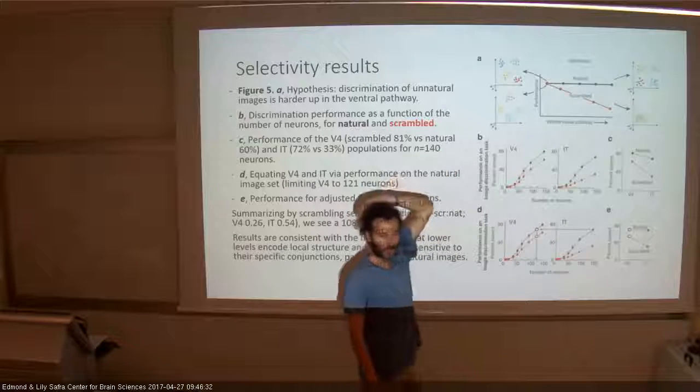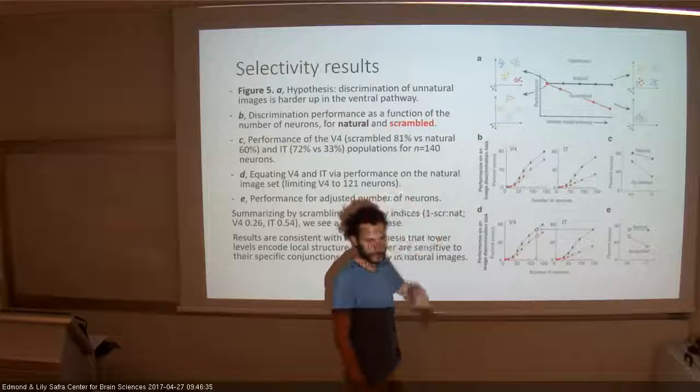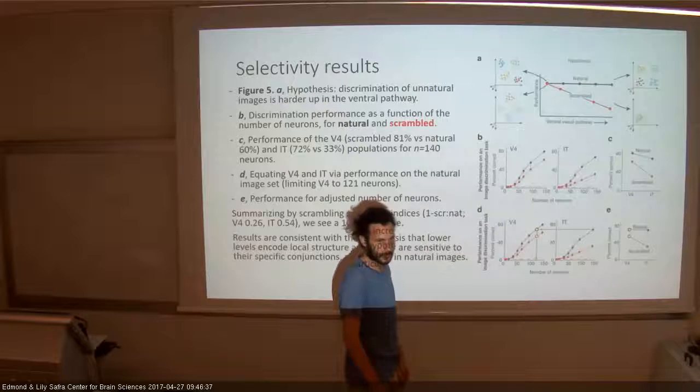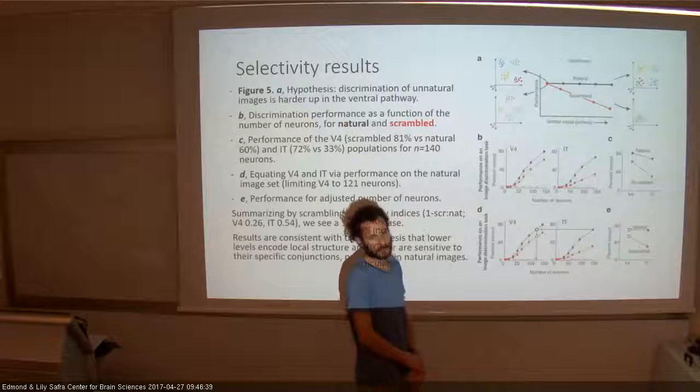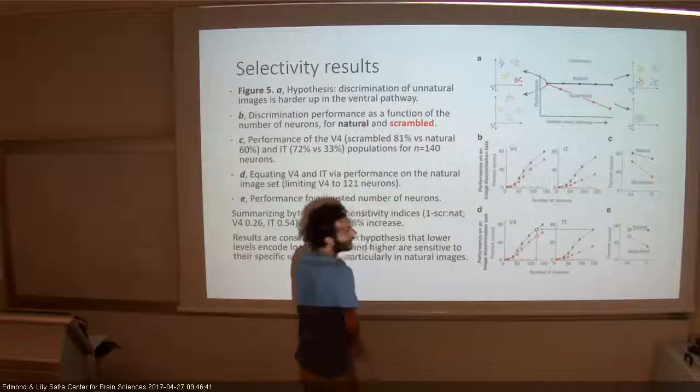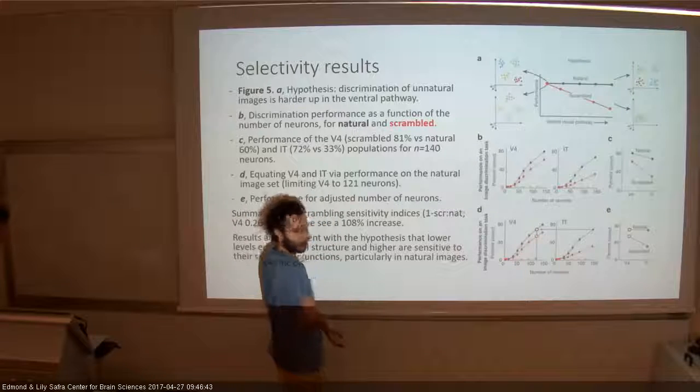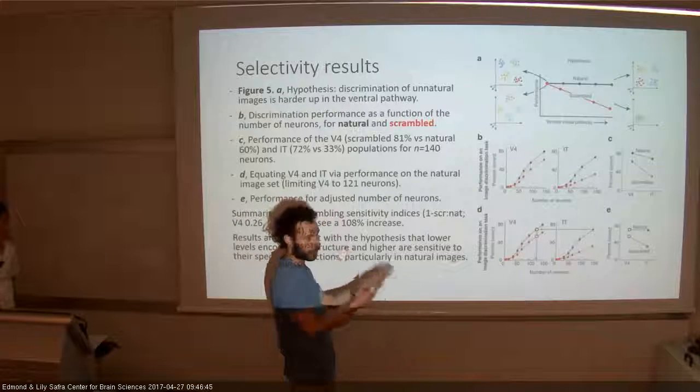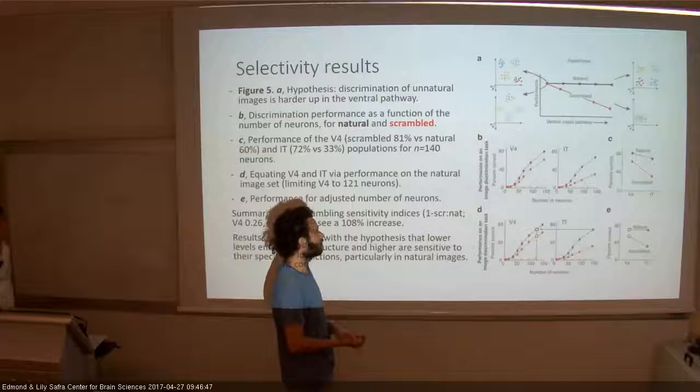When they have the same number of neurons, V4 is better than IT, right? Why is that? Do you have any intuition for that? They have a different number of overall neurons in both regions, so they're using the same number for the computation here.